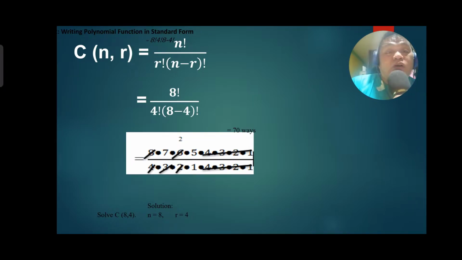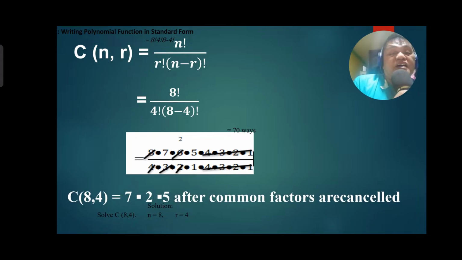What is left is only 4 factorial. That 4 factorial is equal to 4 times 3 times 2 times 1. In our numerator, we have 8, and 8 is just 4 times 2, so cancel 8 with 4 and 2, and we cancel 6 by 3, so we have 2 left. The factors left are 7 times 2 times 5.